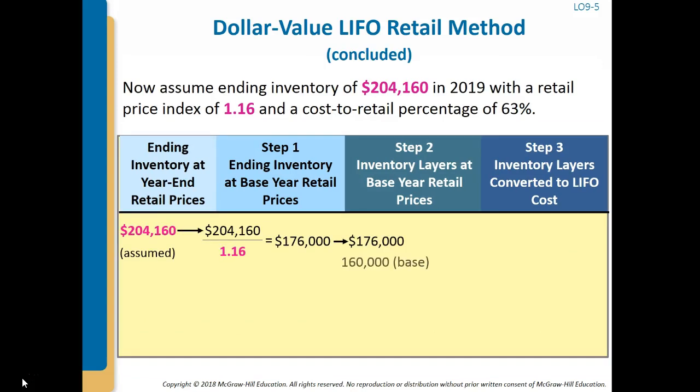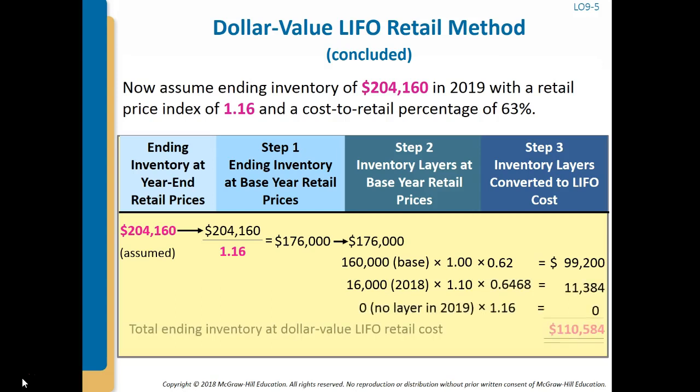Now, let's assume that ending inventory in 2019 is $204,160 at current retail prices instead of $226,200, as in the previous example, and the price level has risen to 1.16. Also assume that the cost to retail percentage for 2019 net purchases is 63%.